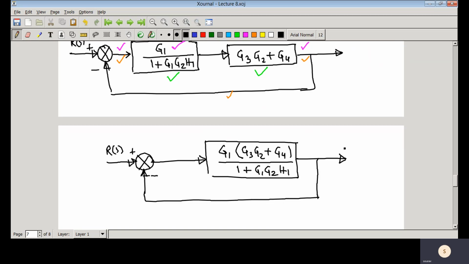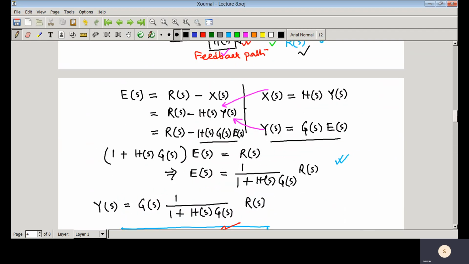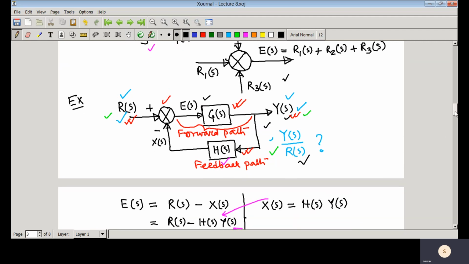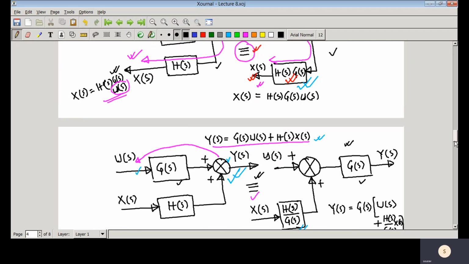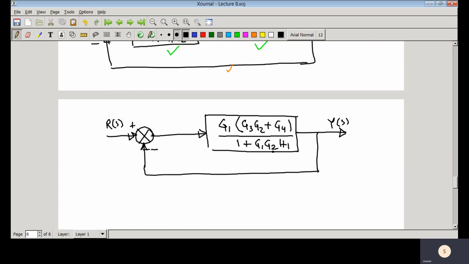So then what is the transfer function from R(s) to Y(s)? You can again apply this particular structure that we have done here, that is forward path transfer function divided by 1 plus product of forward path and feedback path transfer function. So here you can see the forward path transfer function that you have, this is the transfer function.